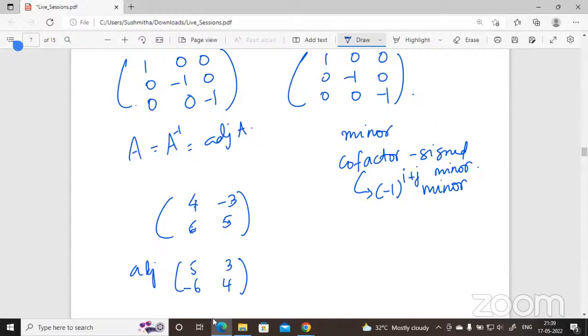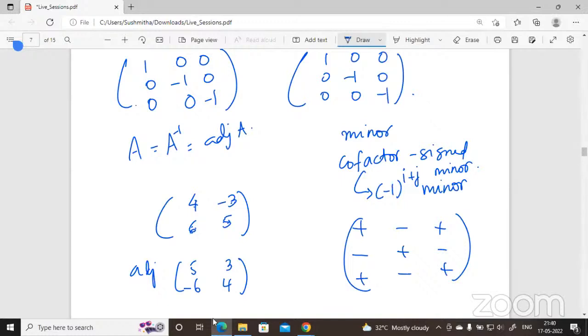Signs will be like that: plus, minus, plus, minus, plus, minus, plus, minus, plus. That's because this index is the 1,1 index. In all the places where there is a plus, the indices add up to an even number. Thank you so much, ma'am.